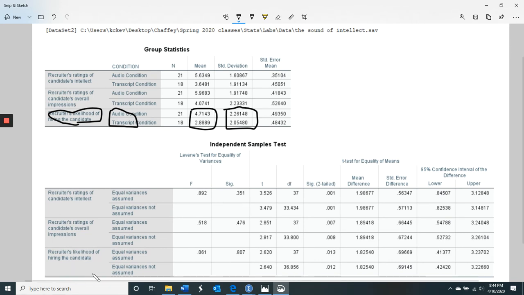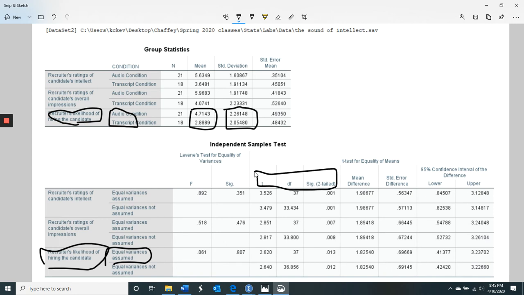So again, we want to look at the t stuff for this likelihood of hiring the candidate. Stick on the equal variance. We want to get this stuff. There's our main t things: our t-test, our degrees of freedom, and our significance.